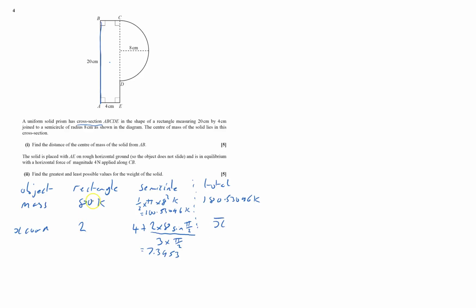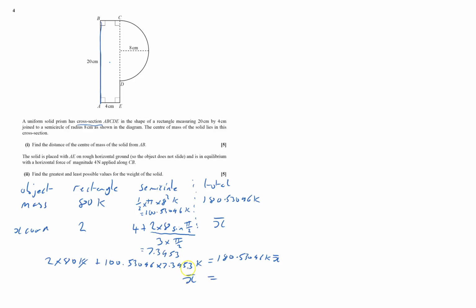And now I know that's 2 times 80 K plus 100.53096 times 7.3953 K equals 180.53096 x bar, okay, x bar, and that will give me that x bar.